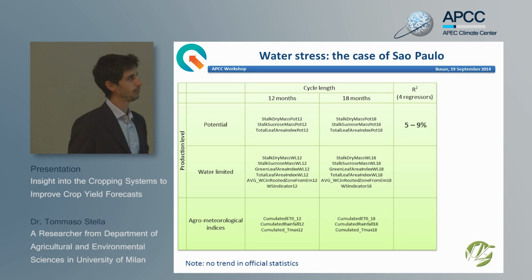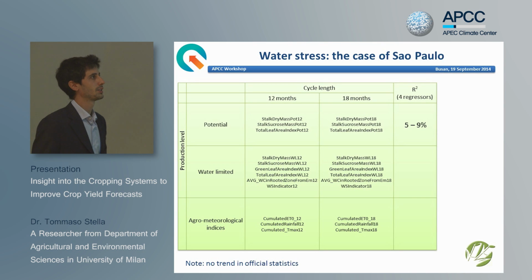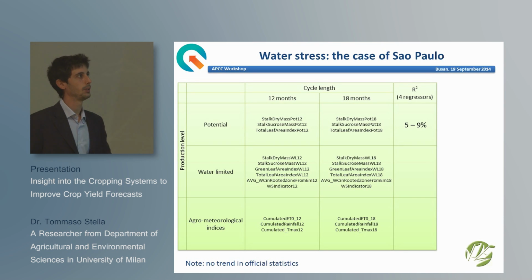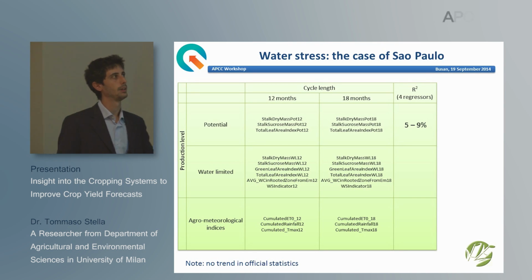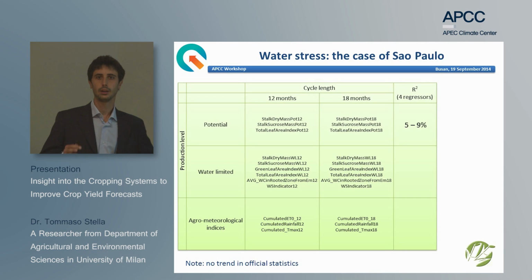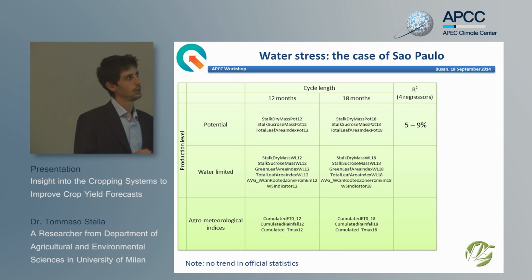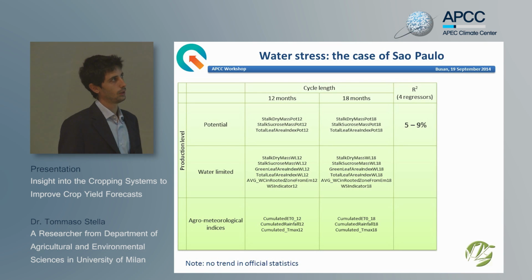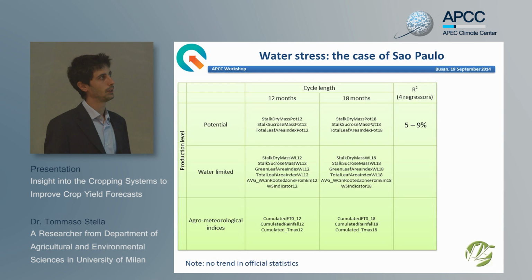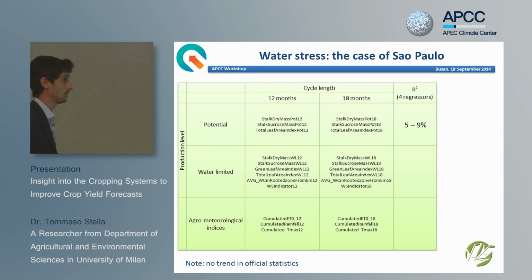And we saw that indicators of potential production could explain just a small amount of the interannual variability. We have an R² between official yields and simulated yields after the regression spanning from 5 to 9%. So not a good result.